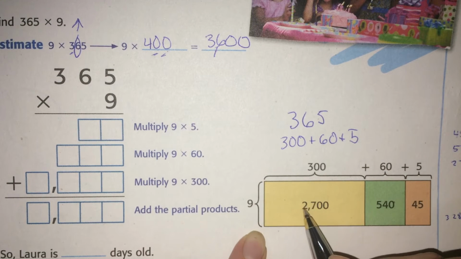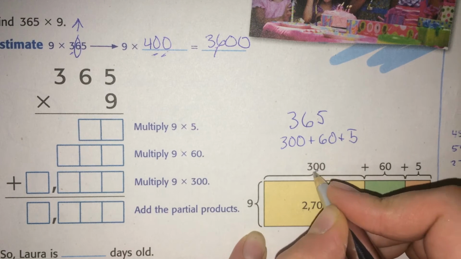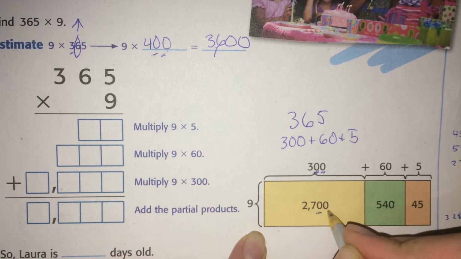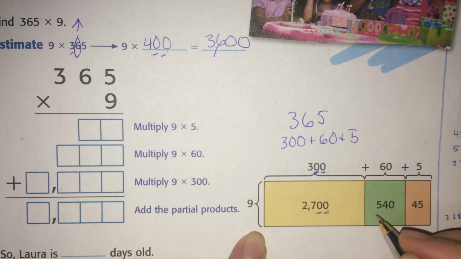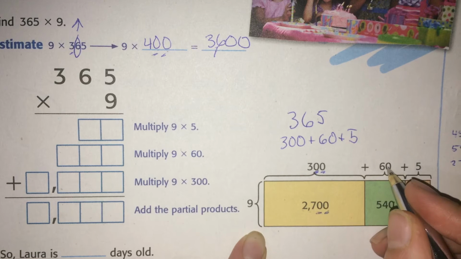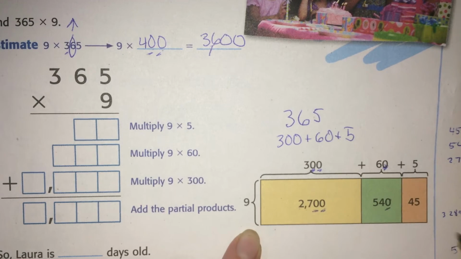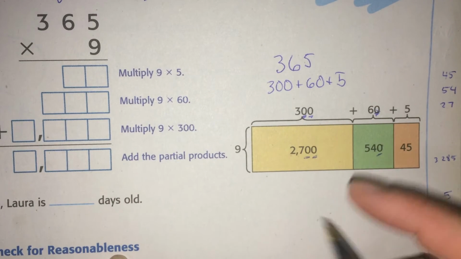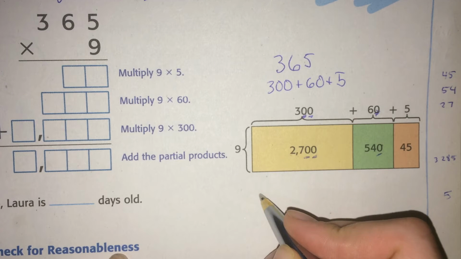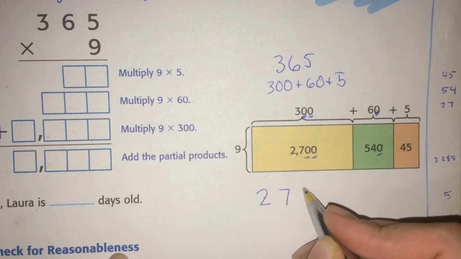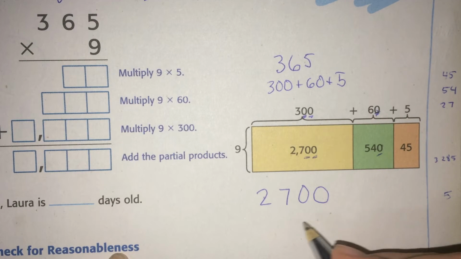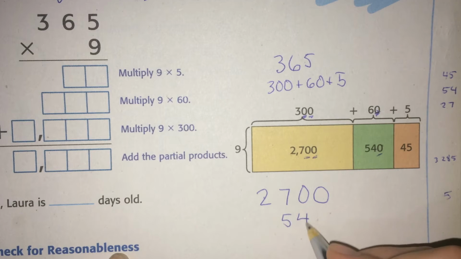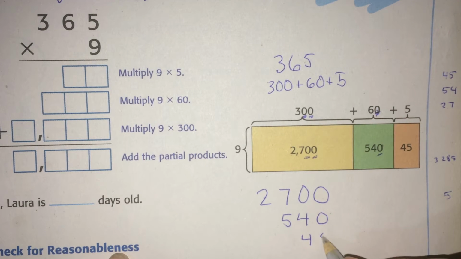Well, 9 times 3 is 27. And then you have two zeros here. 9 times 6 is 54. And then don't forget the 0. And then 9 times 5 is 45. So now I would just need to add these up: 27,000 plus 540 plus 45.